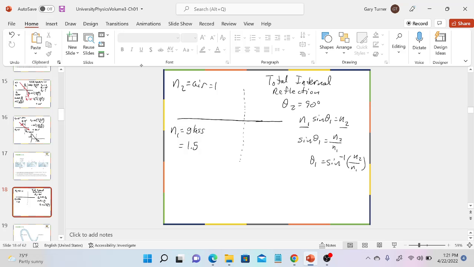So in our case, what is this critical angle? Well, in our case, theta 1 is going to be the sine inverse of 1 divided by 1.5, which is the same thing as taking the sine inverse of 2/3. So if I take the sine inverse of 2/3, I'm going to get 41.8 degrees.